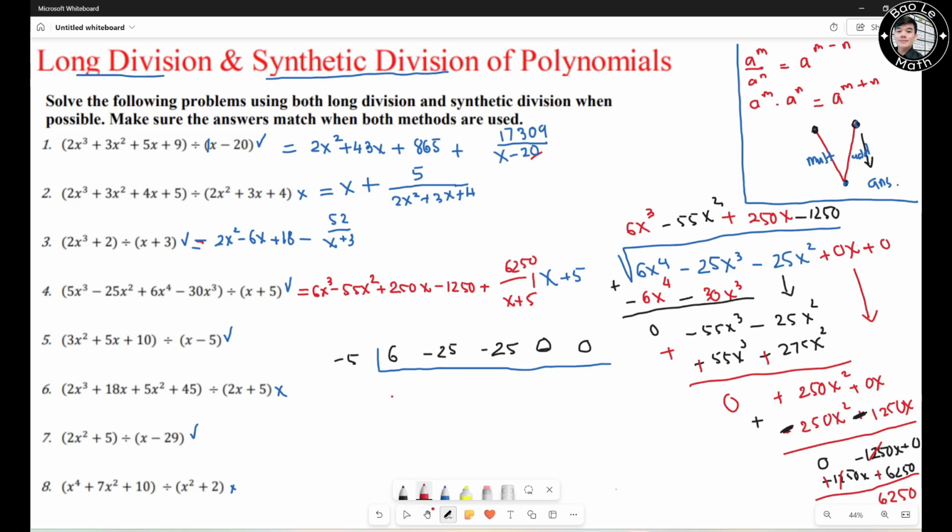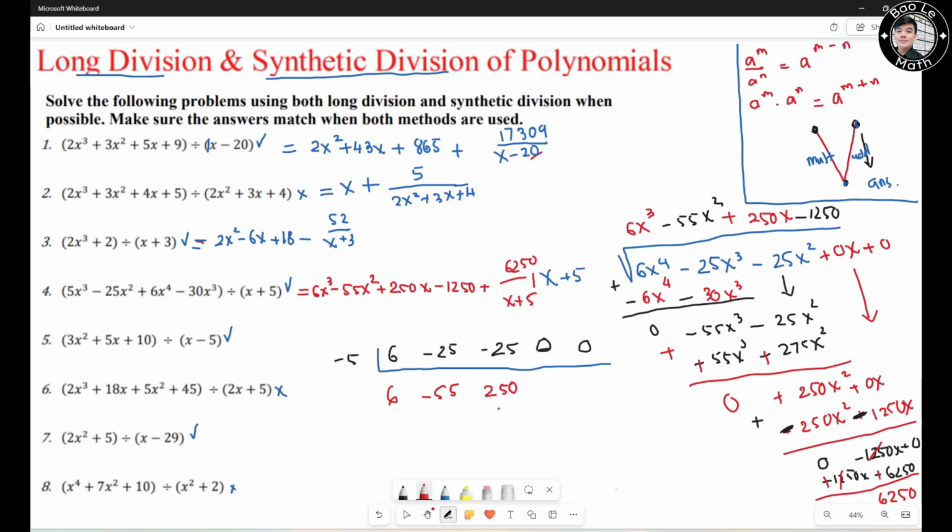Bring 6 down. Negative 5 times 6 is going to be negative 30, add negative 25. So it's going to be negative 55. Negative 5 times negative 55 is going to be 275. 275 plus negative 25 is going to be 250.